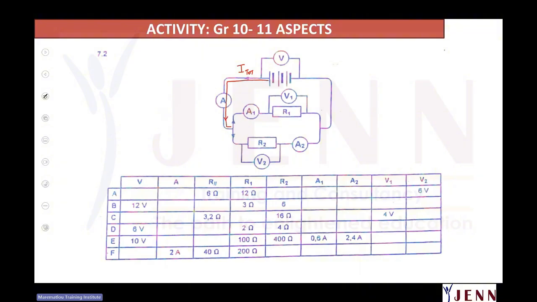When it reaches this connection, some of the current goes up, the current is now divided, and some of the current goes down. So we now need to highlight that this current here is what we call current 1, and that is what we call current 2. Current 1 is the current that's flowing in the R1 resistor, and current 2 is the current that is flowing in the R2 resistor. And then from there, the current merges and goes out.